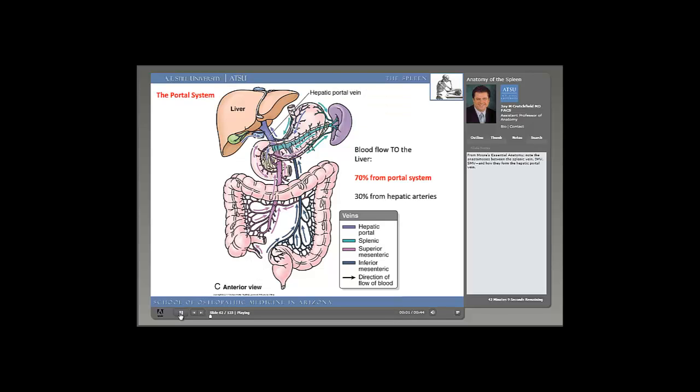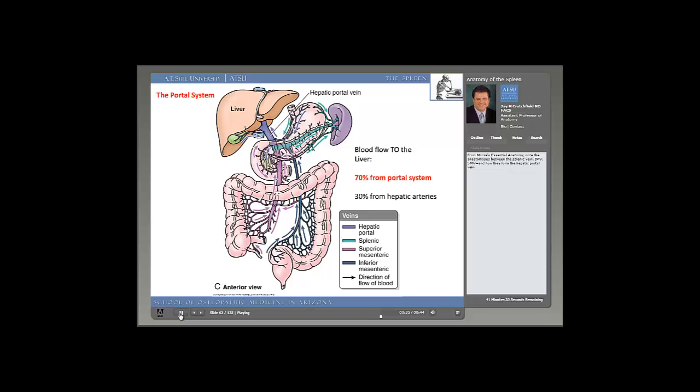So here's another image of the venous return from the spleen. Note that the splenic vein anastomoses with the inferior mesenteric vein, which returns blood from the splenic flexure of the colon and the descending and sigmoid colon, and then it forms with the superior mesenteric vein, draining blood from the small intestine, the right colon, and the hepatic flexure of the colon back into the hepatic portal vein.